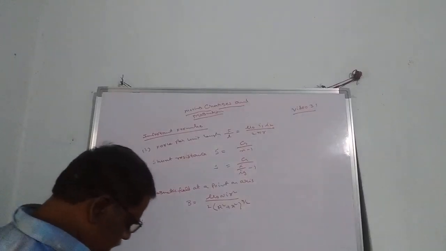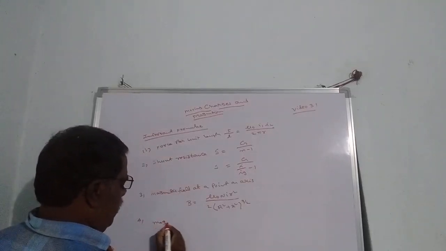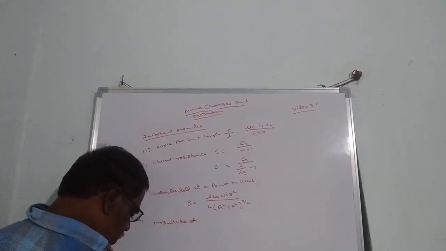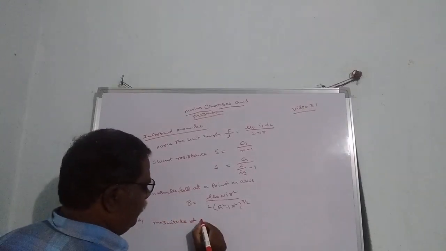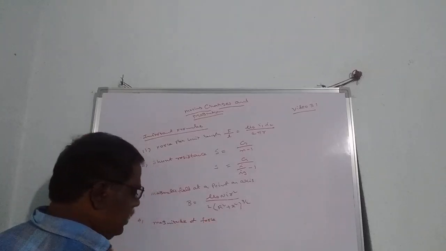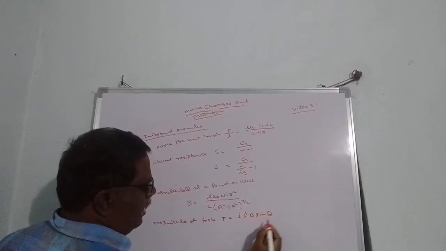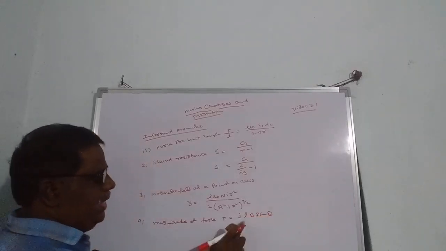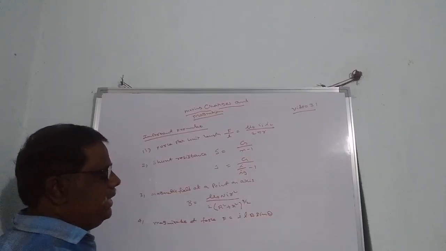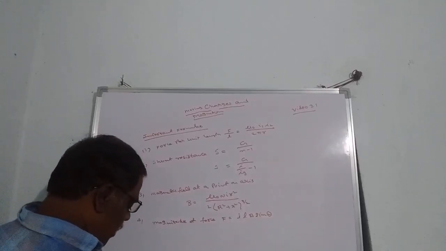The magnitude of magnetic force per unit length on a wire: force F is equal to I L B sin theta. Here I is current, L is the length of the conductor, B is magnetic field induction, and theta is the angle. Okay, this is the fourth formula.